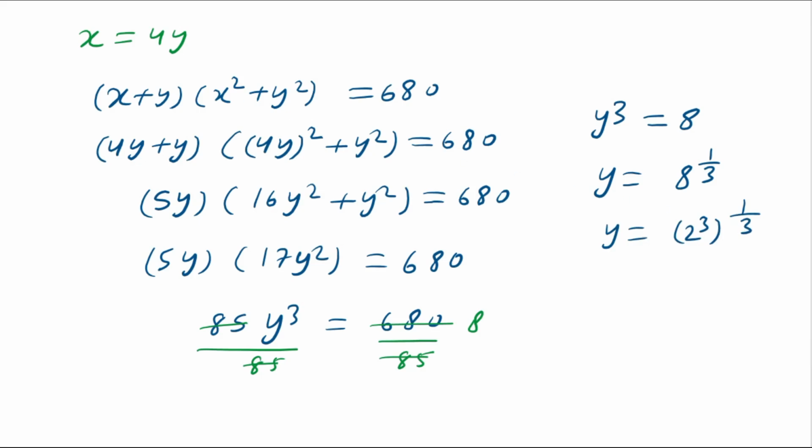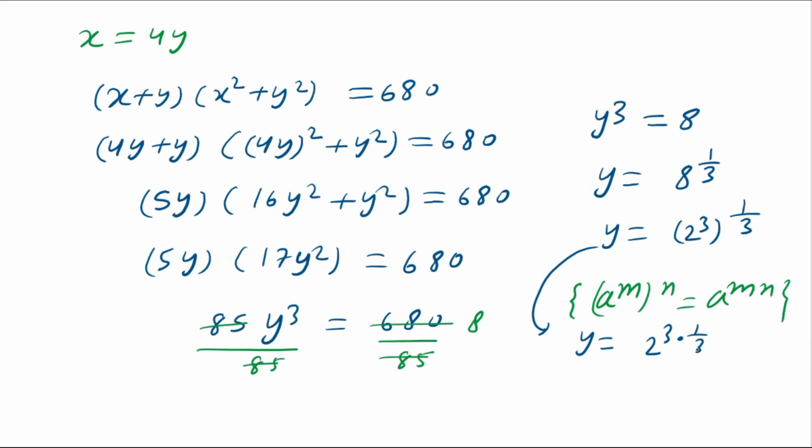And here we will apply this rule: a power m bracket power n is equal to a power m times n. If we apply this rule, then y is equal to 2 power 3 into 1 over 3. Then this 3 and this 3 are cancelled out, then y is equal to 2.